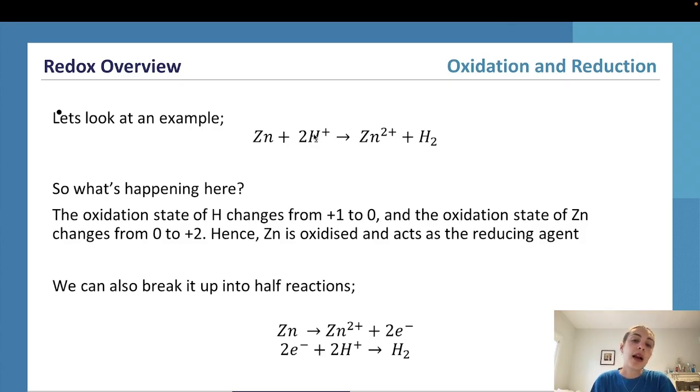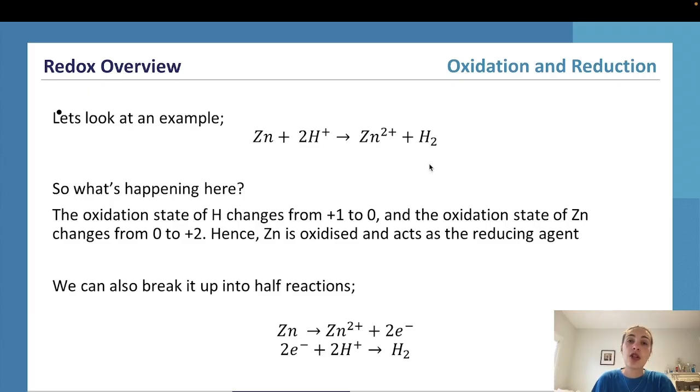We can then look at hydrogen, and we can say that hydrogen is going from a 1+ charge to a charge of 0. It's going from 2+ with those 2 there, so 1+ per hydrogen, to 0.